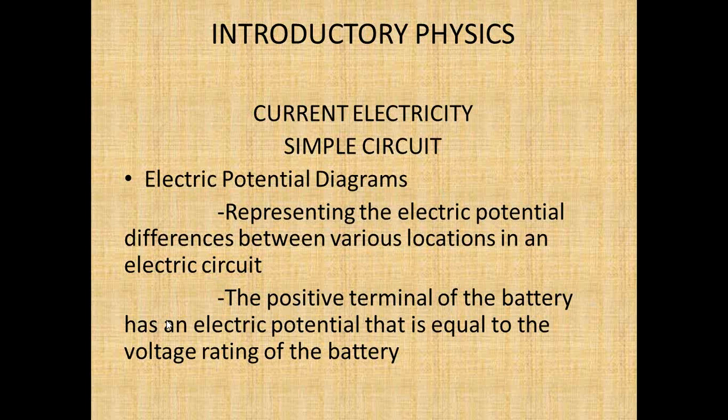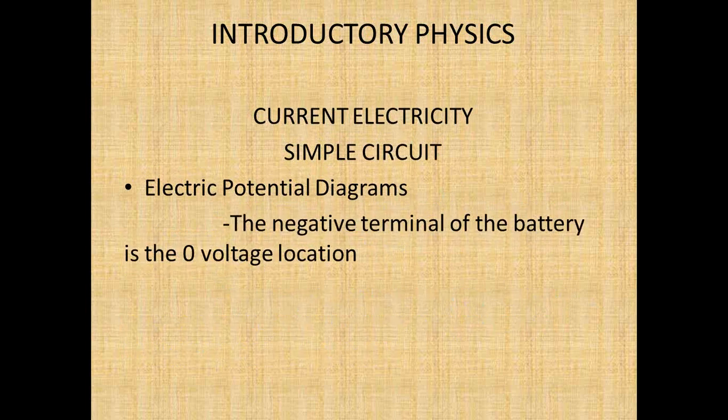So if the battery is 1.5 volts, the positive terminal is 1.5 volts, and the negative or low potential terminal is 0. So you always remember that. The high potential terminal, or the positive terminal, is the electric potential of the battery, and the negative terminal of the battery is 0 volts.